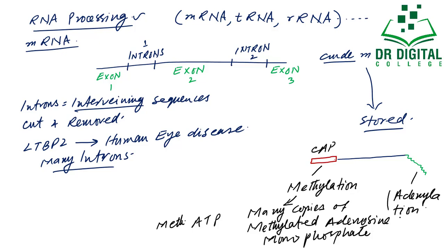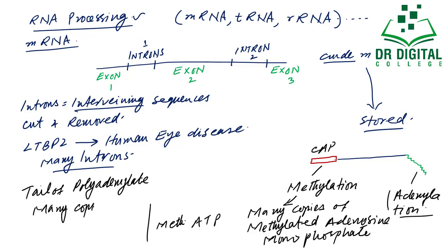Similarly, what is this adenylation? This is a tail of polyadenylate. These are actually many copies of ATP. Okay, so when these two things are there, they are making RNA inert.